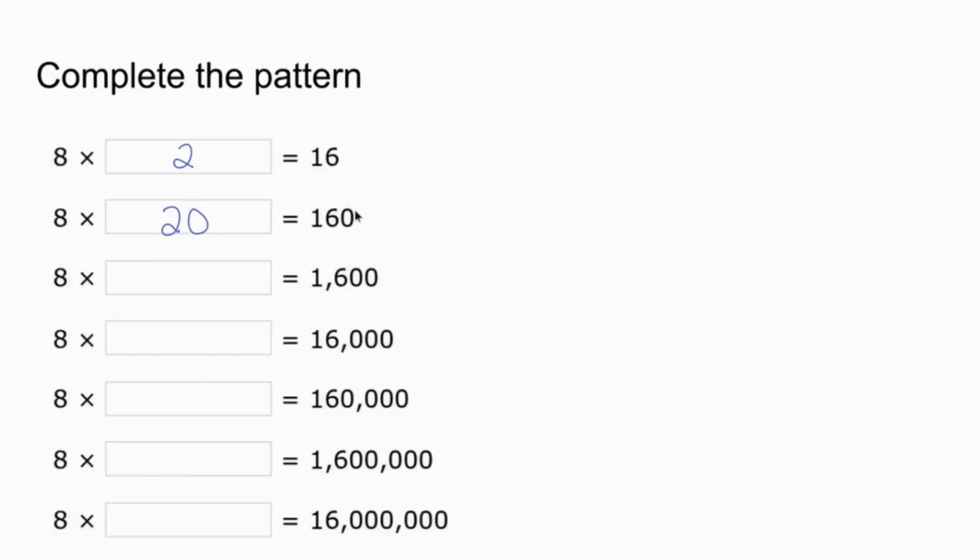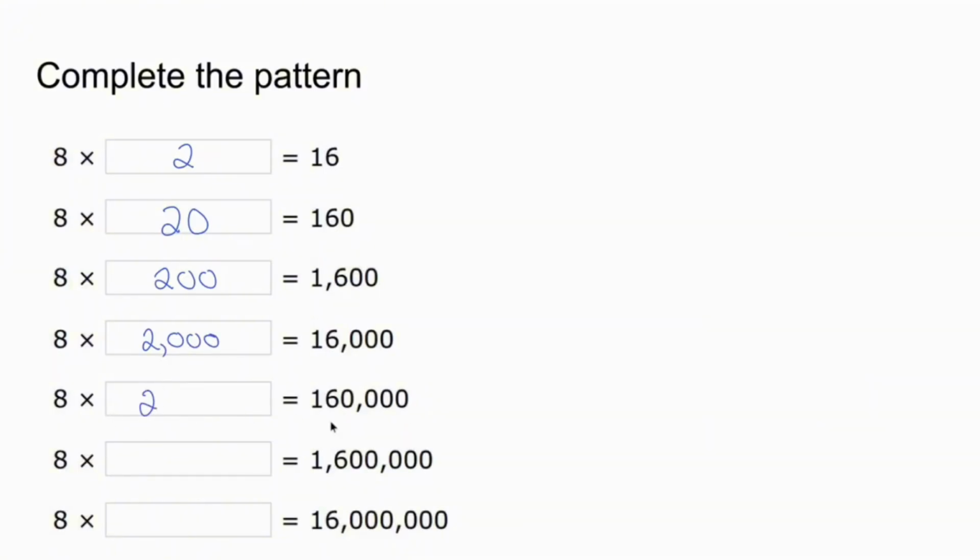So it looks like the pattern is every time I attach a 0 to the right of this, I attach the same amount of zeros. So 8 times what is 1,600? 8 times 200, because it has 2 zeros, and so do you. So 3 zeros, let's draw a 2 with 3 zeros, and that's 2,000.